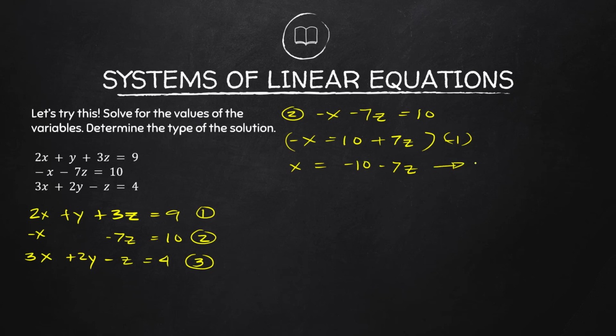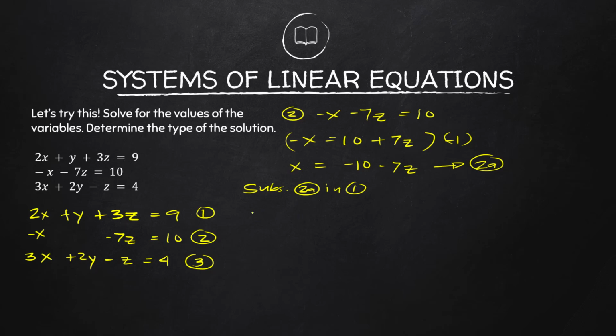And let's call this your equation 2a. And then what we are going to do is substitute the value of x in terms of z in equations 1 and 3. So what I will do is substitute equation 2a in equation 1 first.